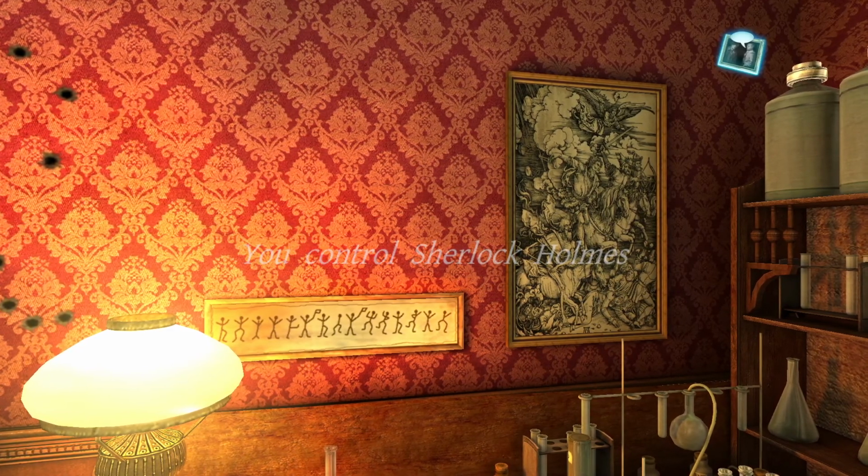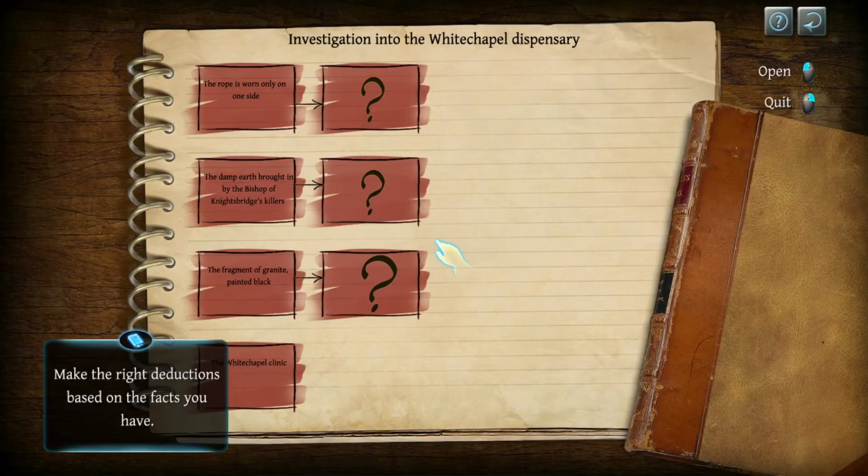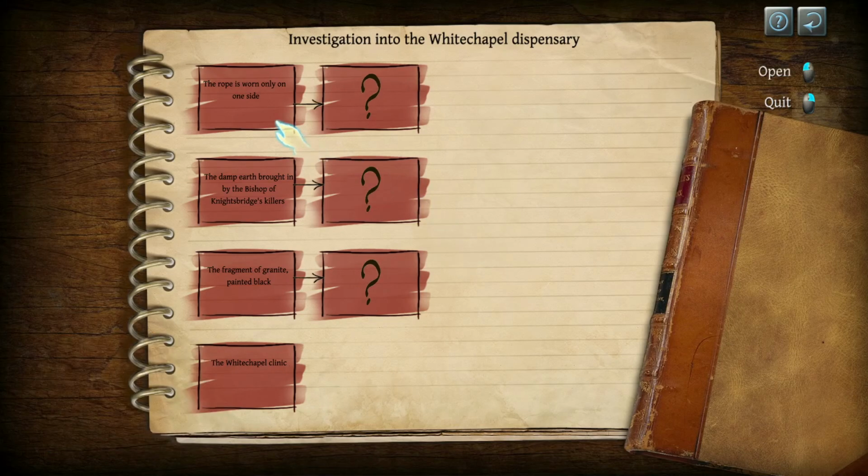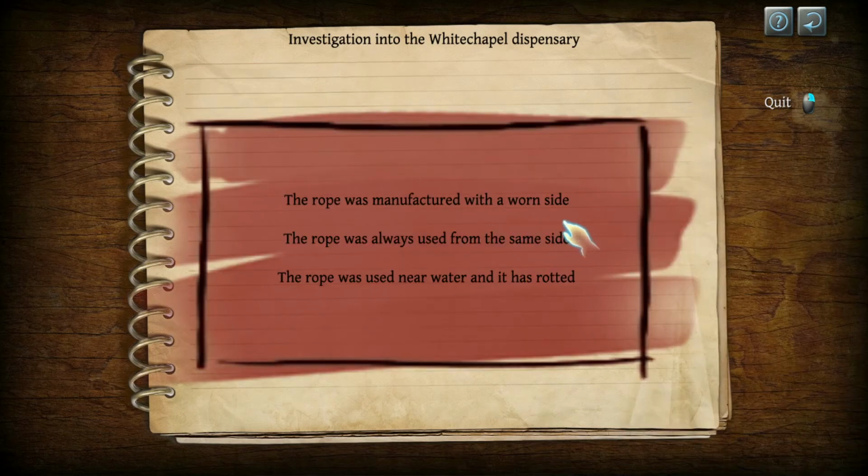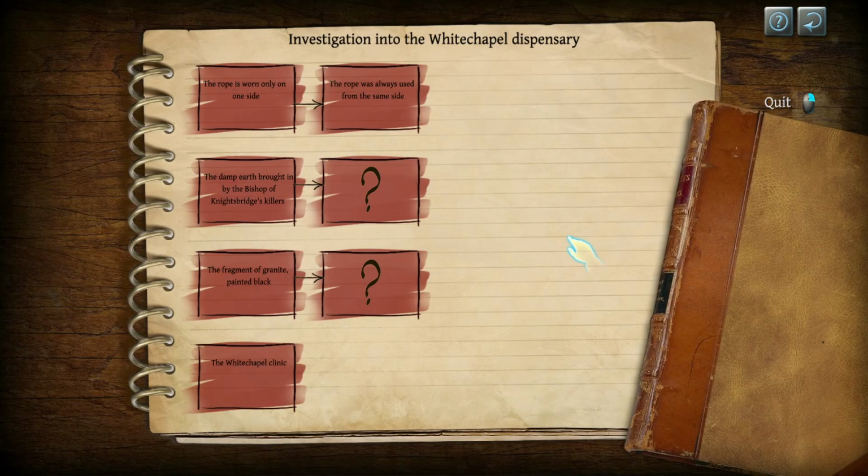You control Sherlock Holmes. Okay, so what? Investigation into the Whitechapel dispensary. Make the right deduction. The rope is worn only on one side. The rope was always used from the same side. The rope was used near water and it has rotted. Well, it hasn't.